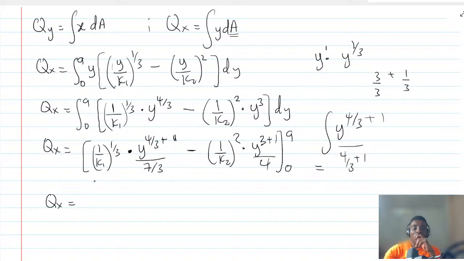Okay, so Qx will now become 1 over k1 cubed multiplied by a, and then this part will be 7 out of 3 divided by 3 multiplied by 7.